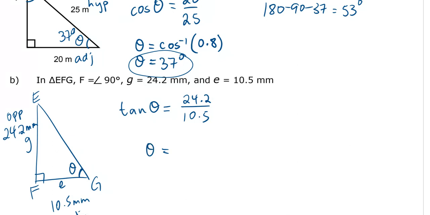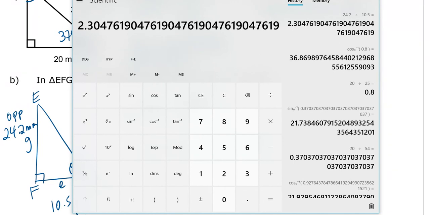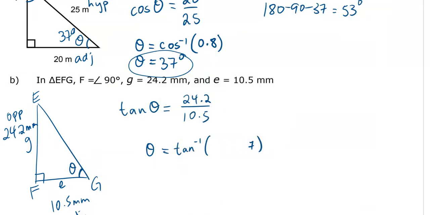So theta is going to equal the inverse tangent of 2.3047. Okay.